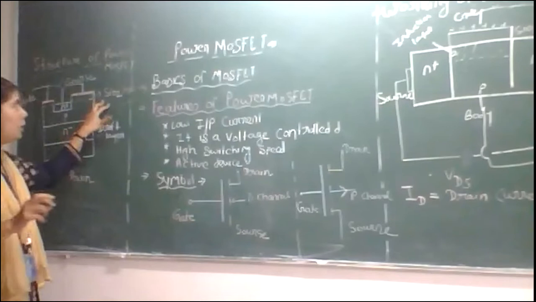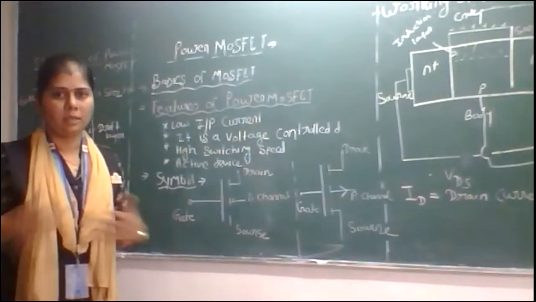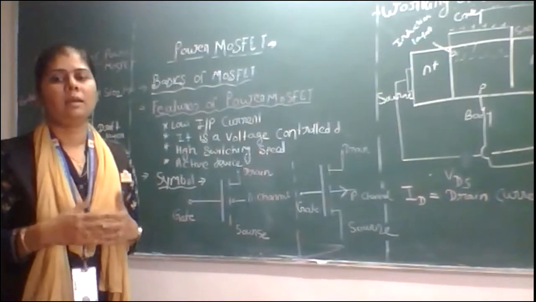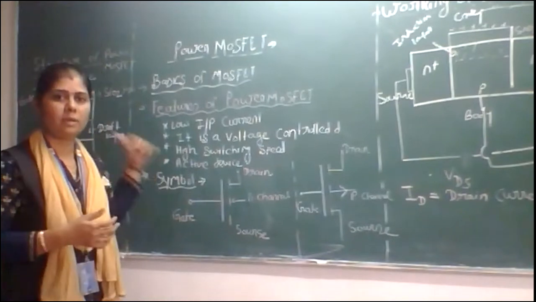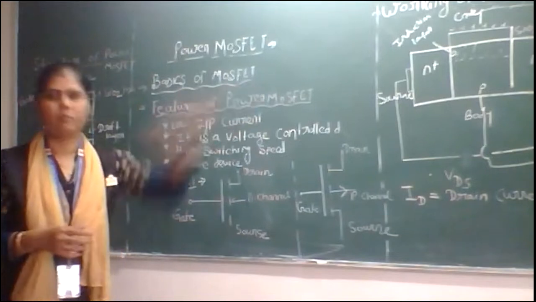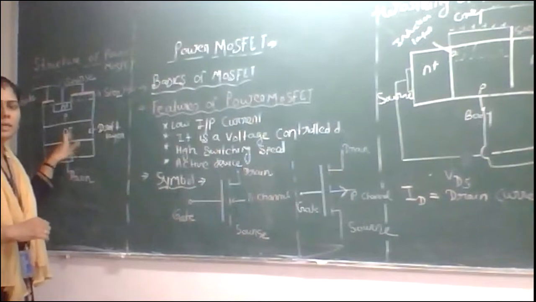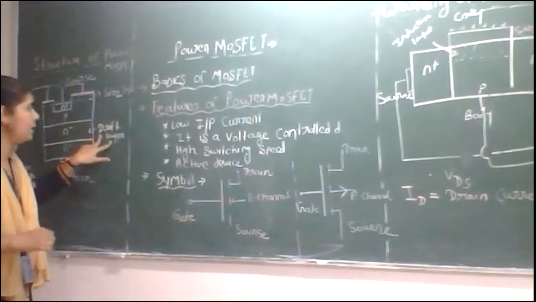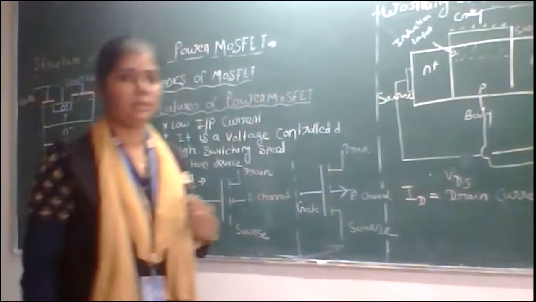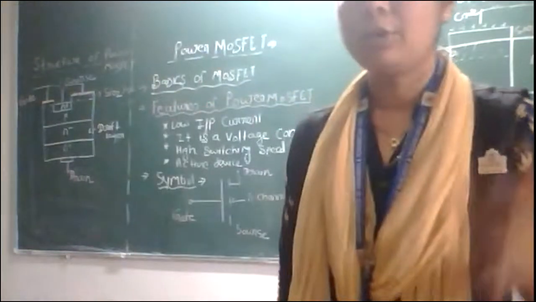The SiO2 layer is important for insulation, and it works as a capacitor. We will discuss this in the working of MOSFET. And this middle layer is known as the drift layer. What is the function of the drift layer? First, it improves the switching capacity of the MOSFET.